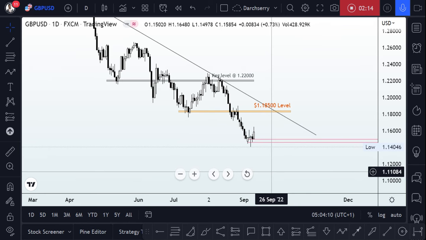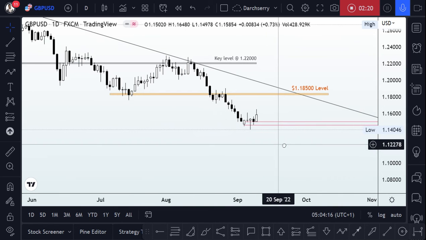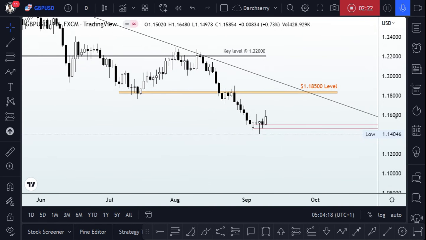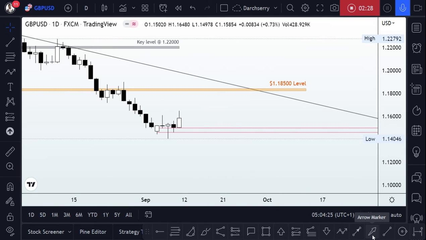Now let's zoom into the structure we have since the beginning of last week. If we zoom closely into what has been happening in the last 5 days, that is, during the course of last week's trading session, we can see that the volume of trade last week was not as massive as what we've been experiencing in the past.